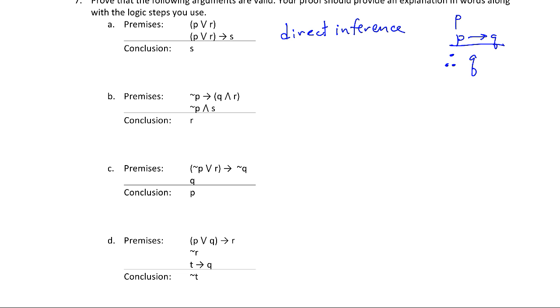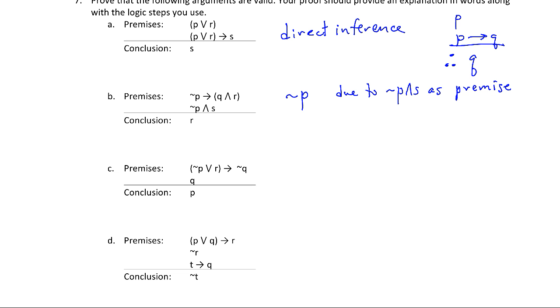If we move to part B now, it says that if we have not P, then Q and R. It also says that we have not P and S, and it asks us to conclude R. So I'm going to say that not P is true due to not P and S as a premise. You can call that one of the rules.